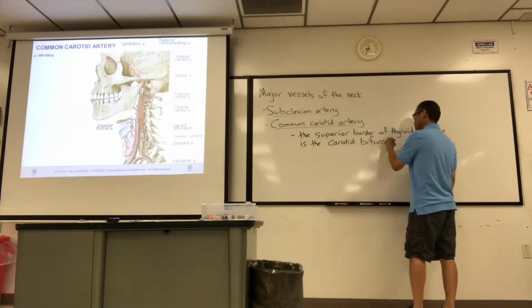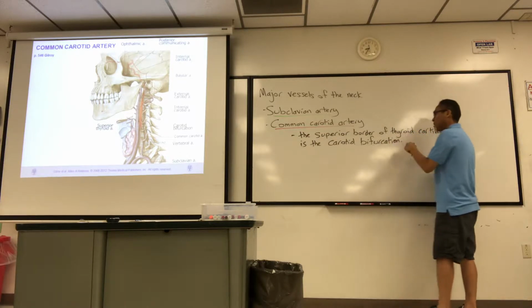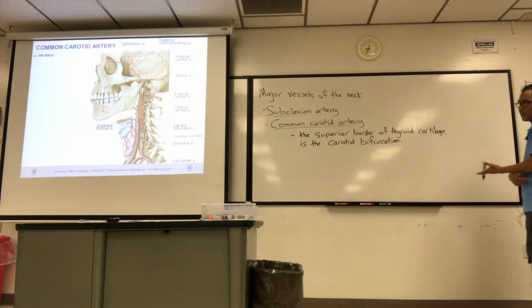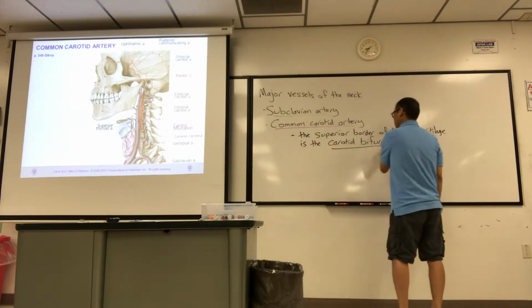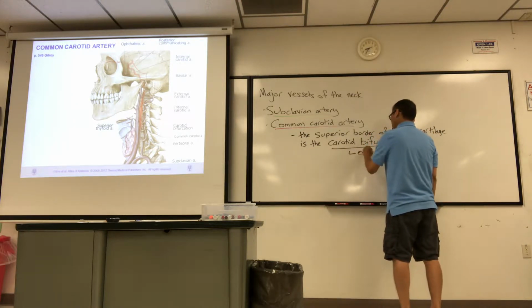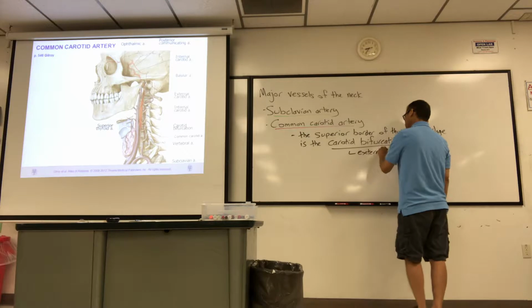A bifurcation is a fork in the road. The common carotid, whenever you see the word common, you think, oh, it's going to branch somewhere. It's common to a couple of things. Carotid bifurcation, the common carotid artery bifurcates into the external carotid artery.